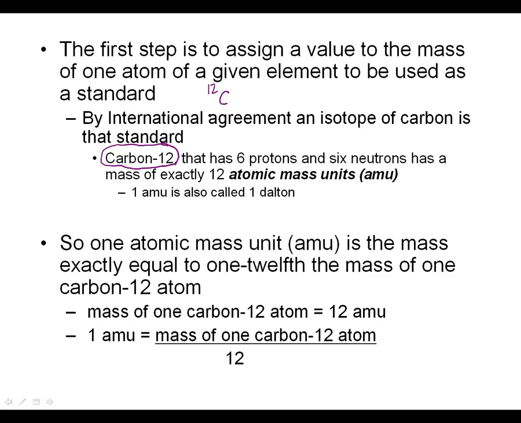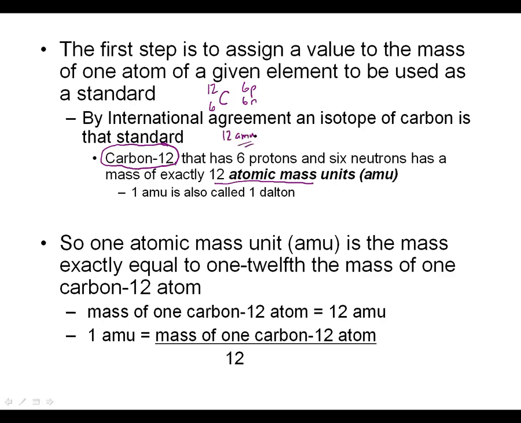The atomic number, which you can find on the periodic table, is 6. If you remember from the earlier chapters, this means it has 6 protons. 12 minus 6 is 6 neutrons in this case. And it has a mass of exactly 12 AMU, atomic mass unit.